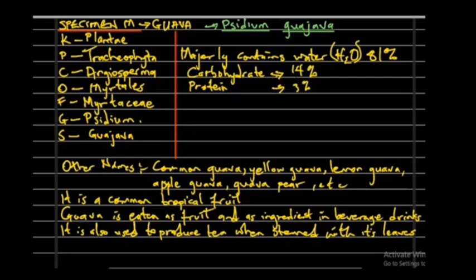Like I was saying earlier on while we were discussing the honeybee, I said that some people use it for pollination of their crops. So this particular organism is usually pollinated by the Apis mellifera.